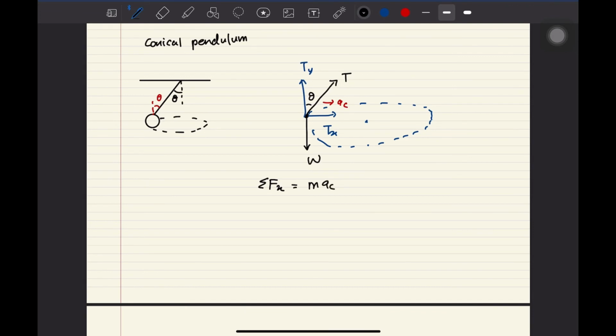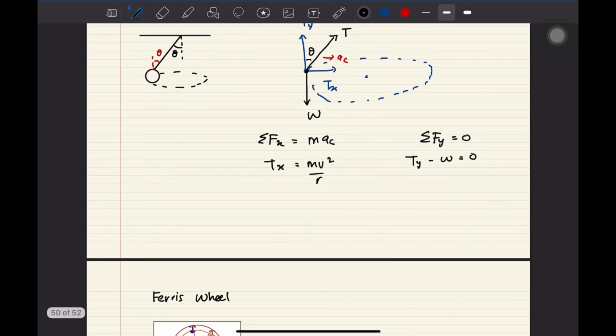So the summation of Fy equals 0. In this case, you have Ty minus weight, which equals 0. On the other hand, you have Tx equals mv squared over r. Sometimes some students love to memorize things, but for me you can always try to draw and solve it manually.